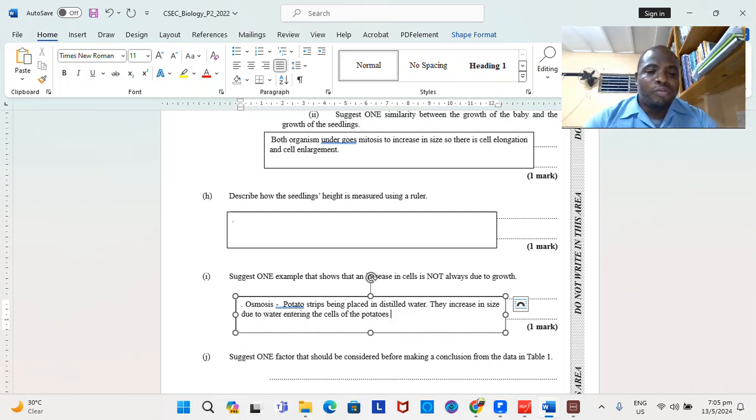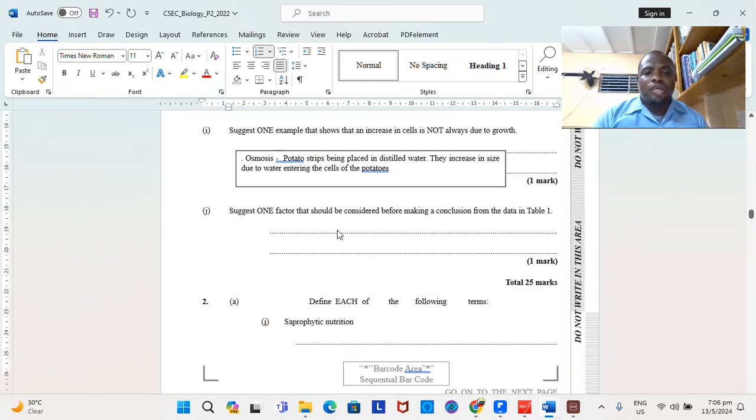As I said, osmosis is one of the best examples you could use. Remember, you have some organisms such as a frog. A frog will swell up just to try and get larger than another or to ward off predators, and they increase in size, but it's not permanent. So that's another example that you could have used. Remember, potato, papa, whichever one you want to utilize in terms of osmosis.